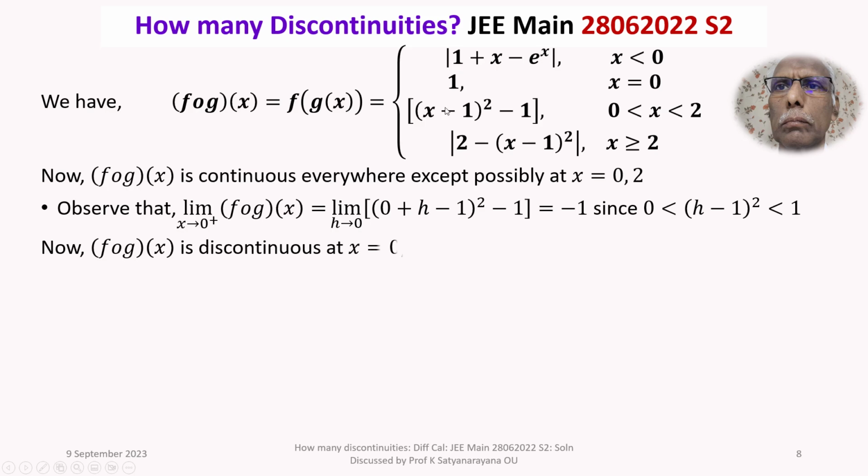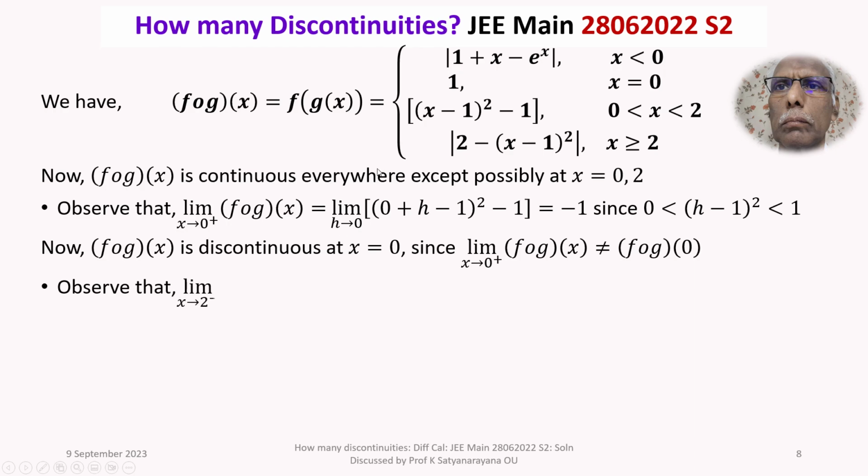But f compose g of x is discontinuous at x equal to 0. Why? Because the limit as x tends to 0 plus of f compose g of x, that is the right hand limit at 0, is minus 1, whereas f compose g at 0 is 1. So if at all it is continuous, these two values must be equal. It is not. Therefore, it is discontinuous at x equal to 0.